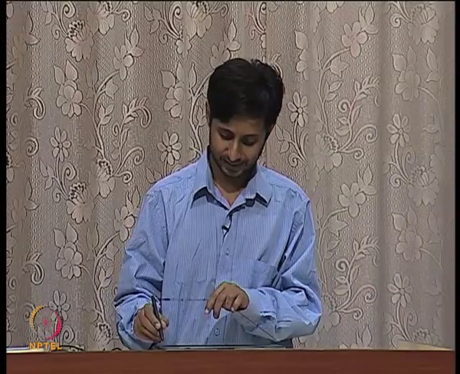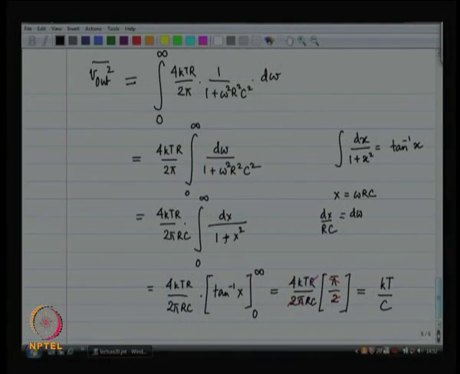This is some sort of an RC network, presumably a low pass structure, does not matter. At the output, I am going to see noise at all frequencies, and if I add up all the noise at all the different frequencies, that amounts to working this integral out, right. I work out this integral.